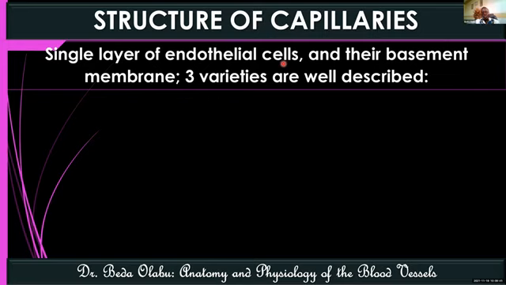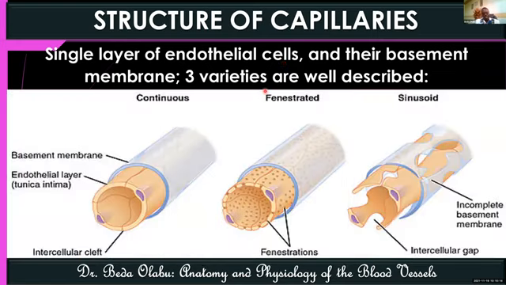So we are not talking about tunica adventitia, tunica media, and tunica intima when we're talking about capillaries. It is just one layer of endothelial cells. And because endothelial cells are epithelial cells, they have a basement membrane. So here, that is a layer of endothelial cells, and that's the basement membrane of endothelial cells.